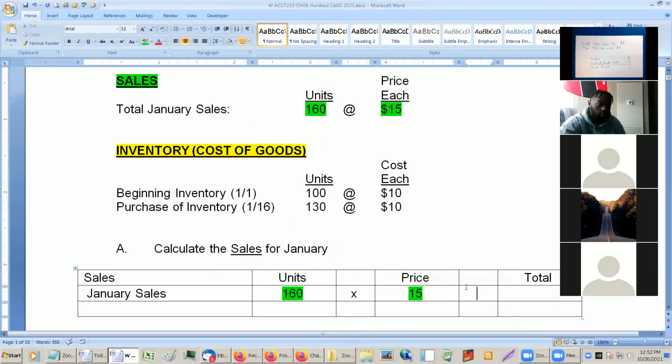So this will be our total sales. Whatever that is. Time for Mr. Calculator. 160 times 15. 2,400. So this is the amount of money that came in.